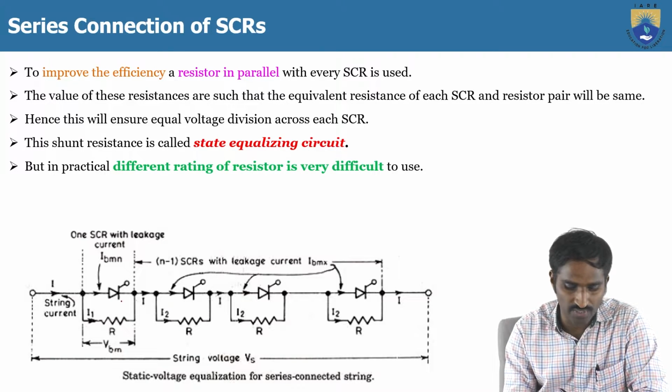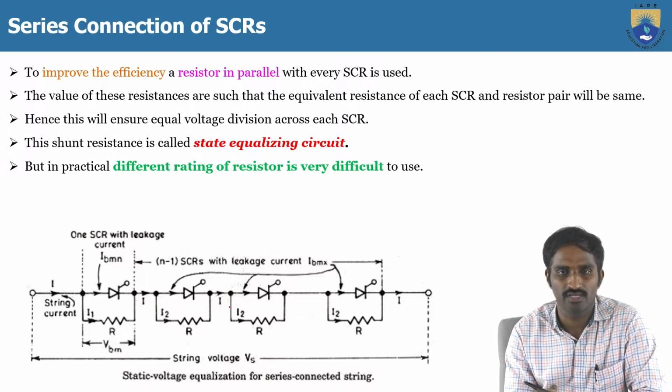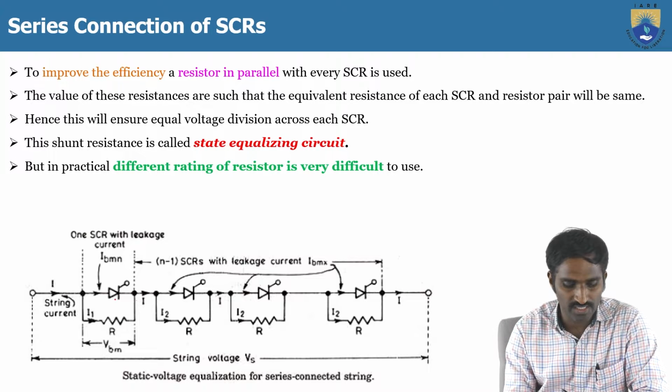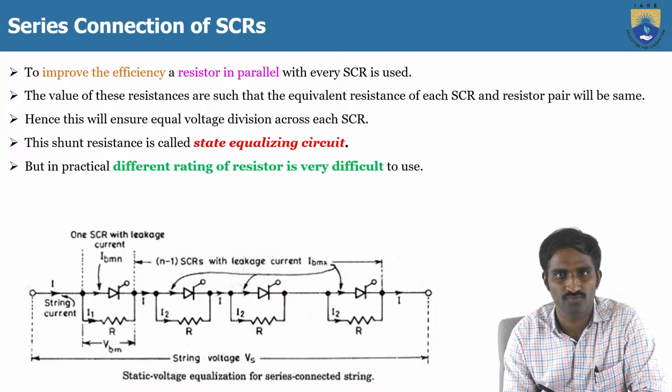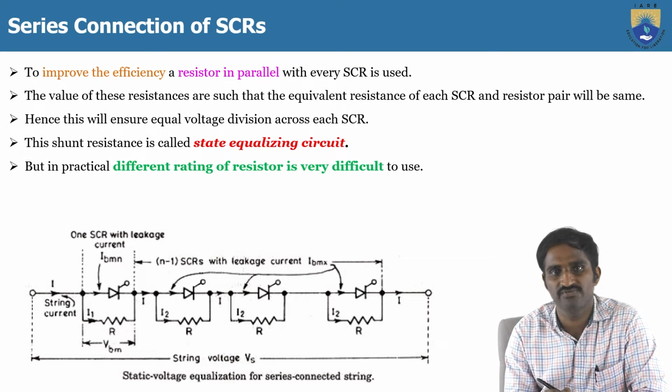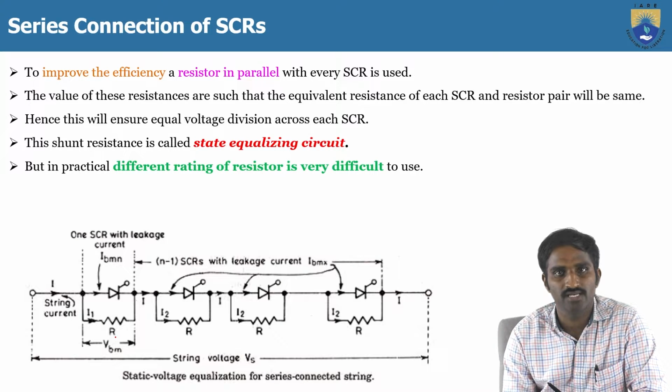Suppose we connect n number of thyristors to meet the voltage requirement of a particular application, all having the same rating or specifications. But as we know, the voltage distribution across each thyristor is different. To overcome that, we connect a resistor in parallel with each thyristor.